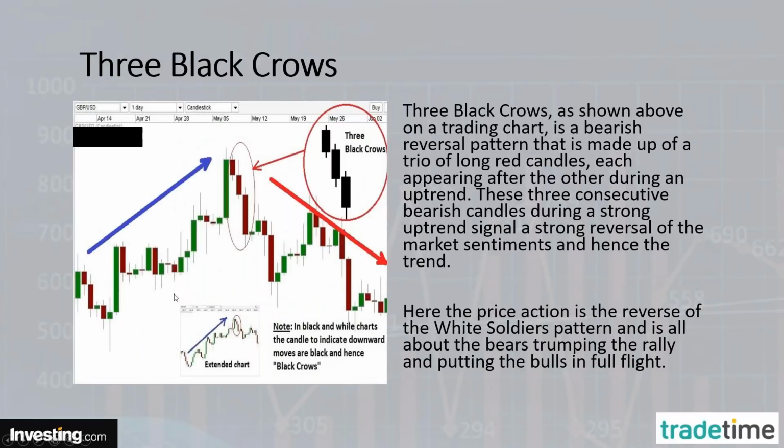Okay. 3 black crows is just the opposite. It is 3 red or bearish candles, or 3 black candles, that appear at the end of an uptrend. Now, if you want to firm up the rules, for the 3 black crows or the 3 white soldiers, the 3 candles together should exceed the movement of the previous candle in the uptrend.